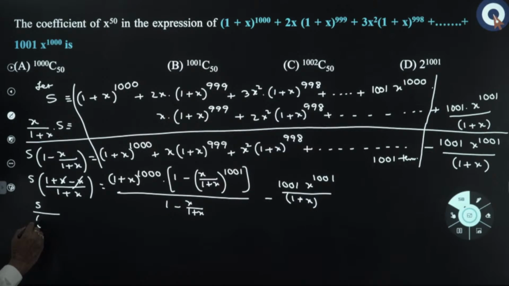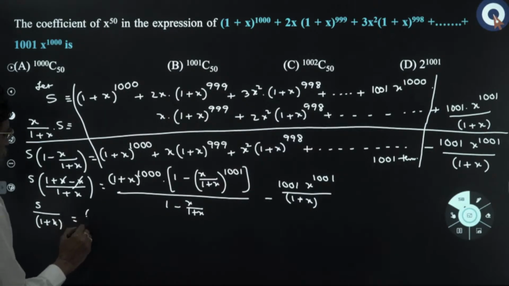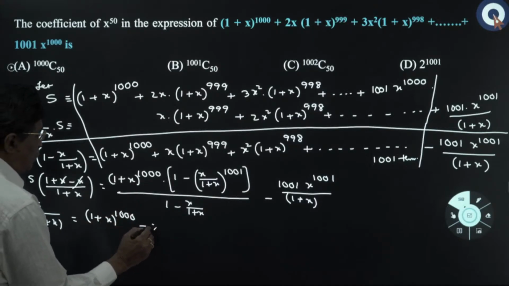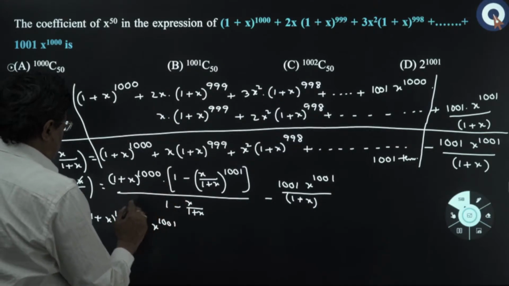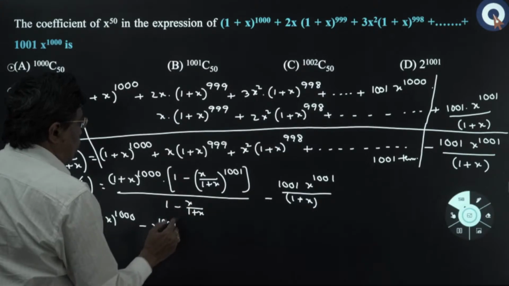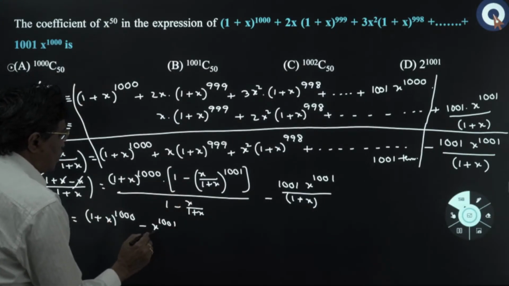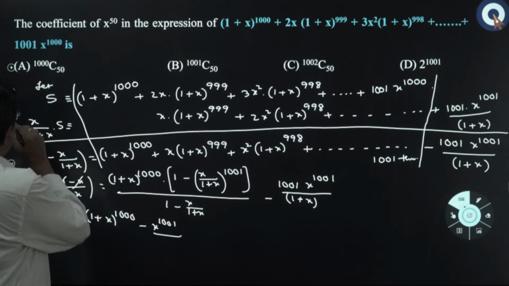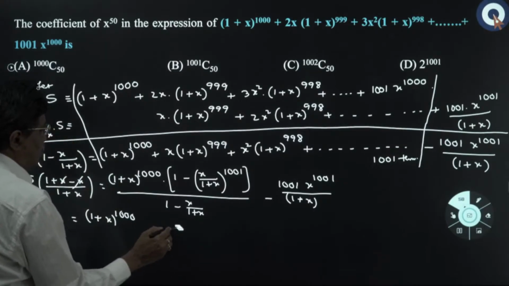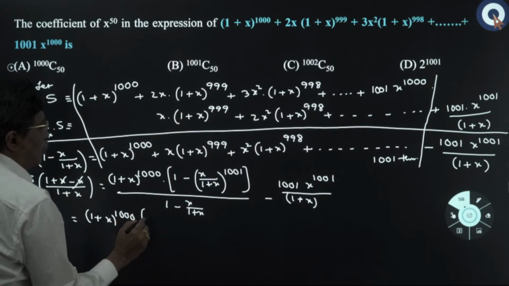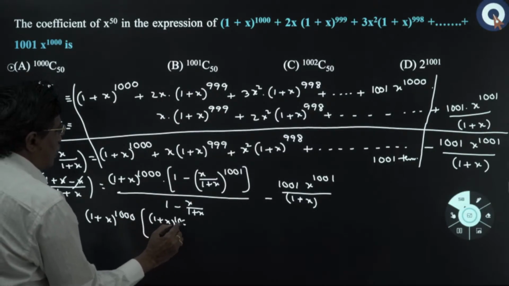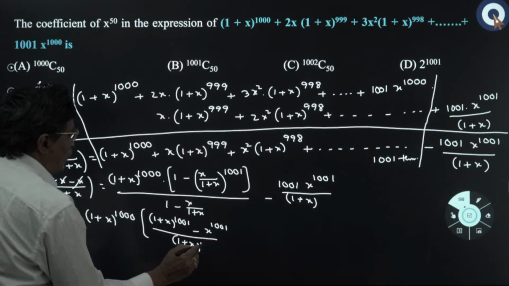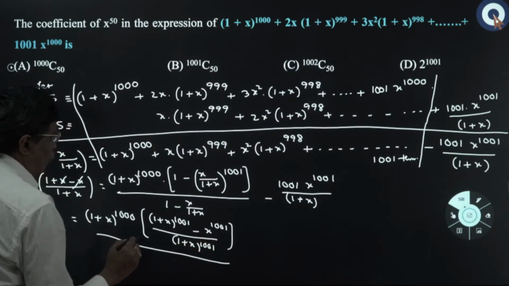This is s by 1 plus x is what we get here. Minus x to the power of 1001 when I multiply with this, this is 1 plus x this much into 1 plus x whole power 1001 minus x to the power of 1001 by 1 plus x whole power 1001 divided by 1 plus x minus x.